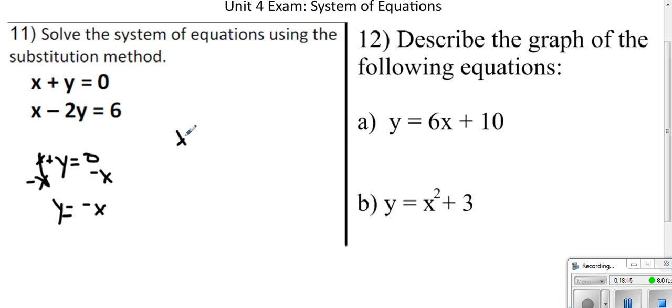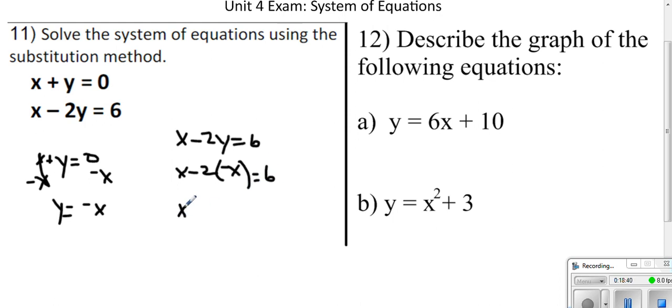Then I'm going to use the second equation, and for y, I'm going to put in negative x. X minus 2 times y, which is negative x now, equals 6.